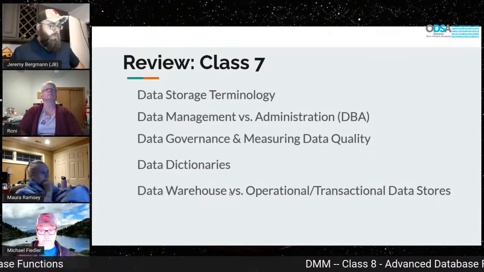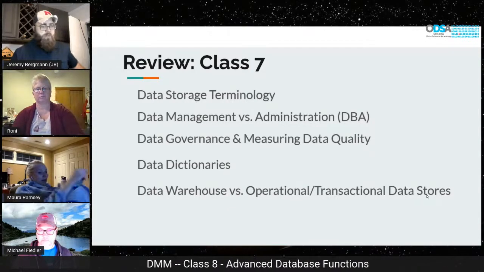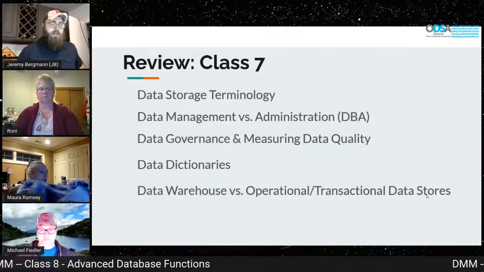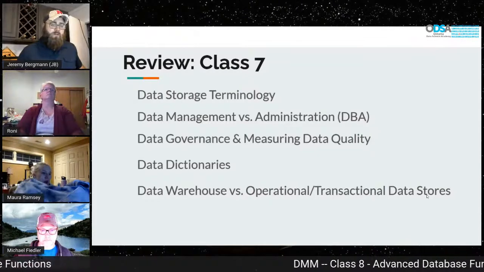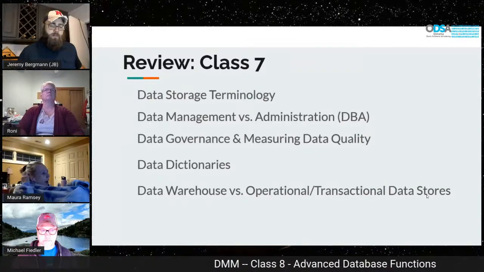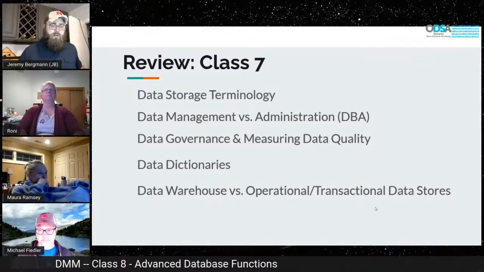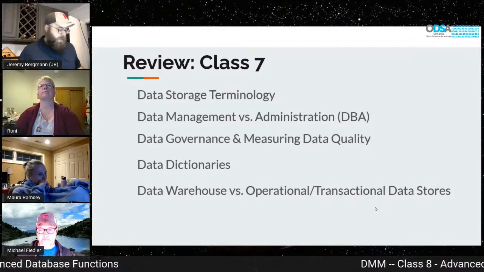And then data warehouse versus operational transactional data stores. I saw in general, at least in a traditional sense, how data usually flows within the organization from source systems to data store to data warehouse, all the way out to the end user. So data is often actually in movement.